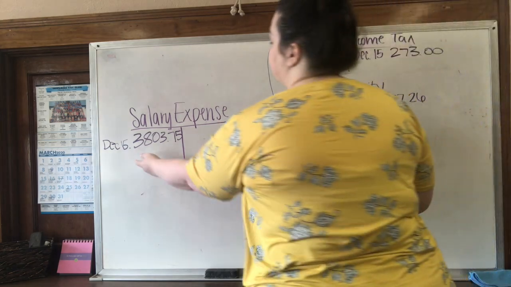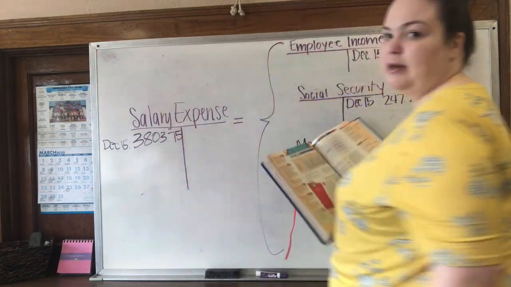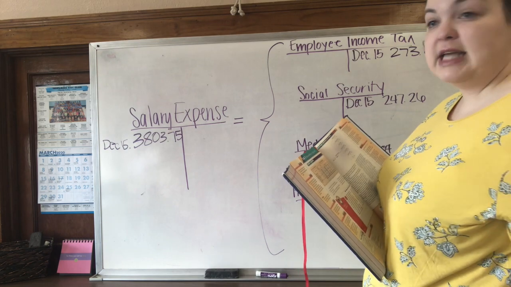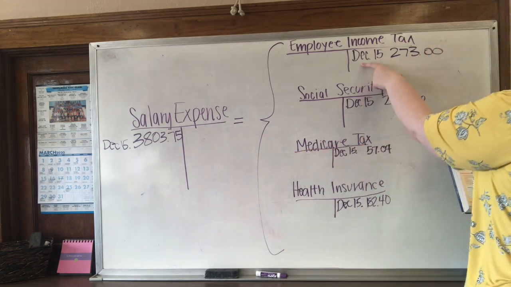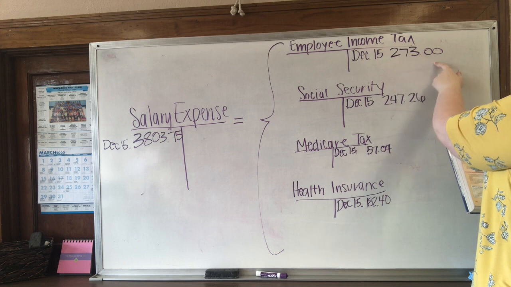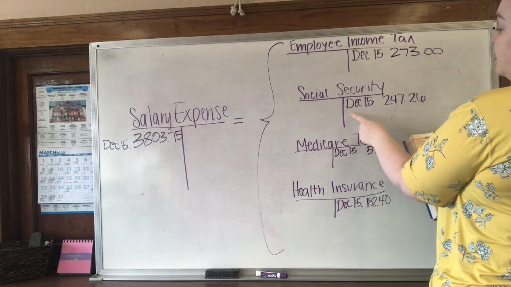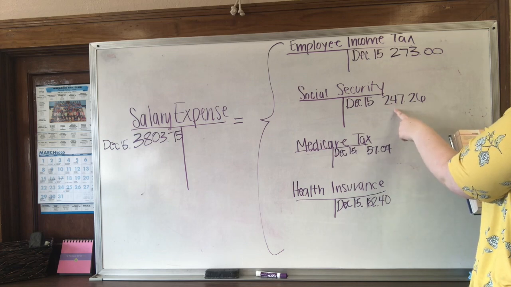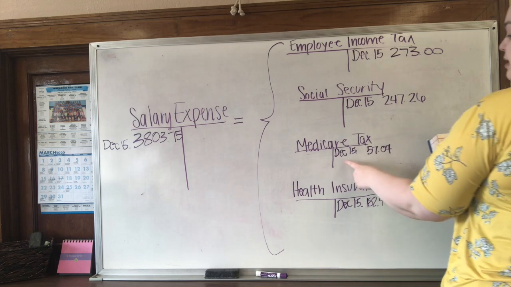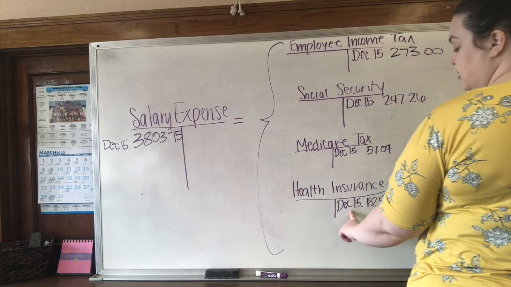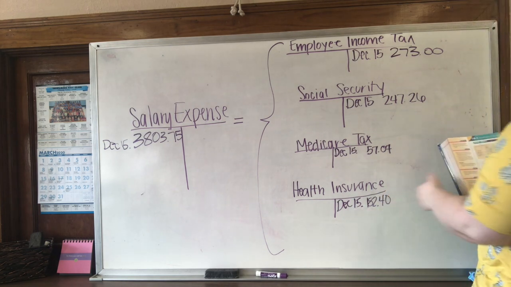You see I have it here, December 15th, then the total amount. Again, when I'm crediting the tax account, December 15th, $273. Social Security total, December 15th, $247.26. December 15th, $57.07. Your health insurance, December 15th, $182.40.